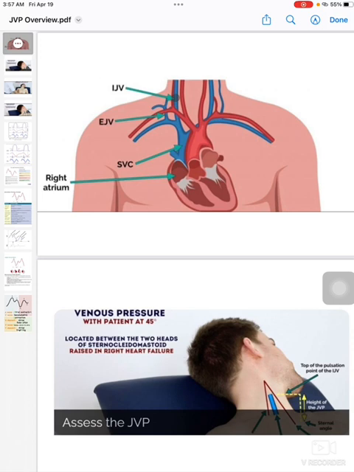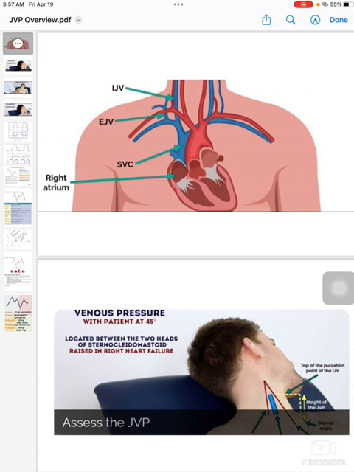Differentiating venous and arterial pulsation. When trying to identify the venous pulsation associated with the jugular venous pressure, it's important to distinguish it from the arterial pulsation of the nearby carotid artery.